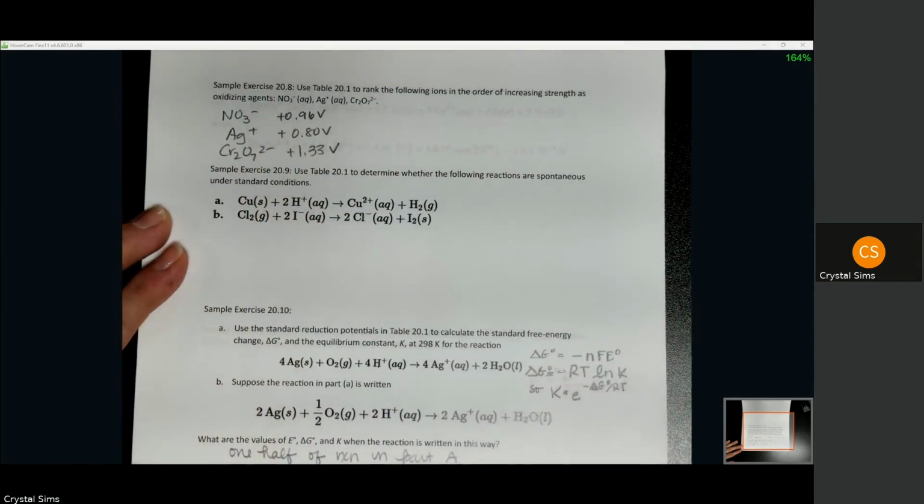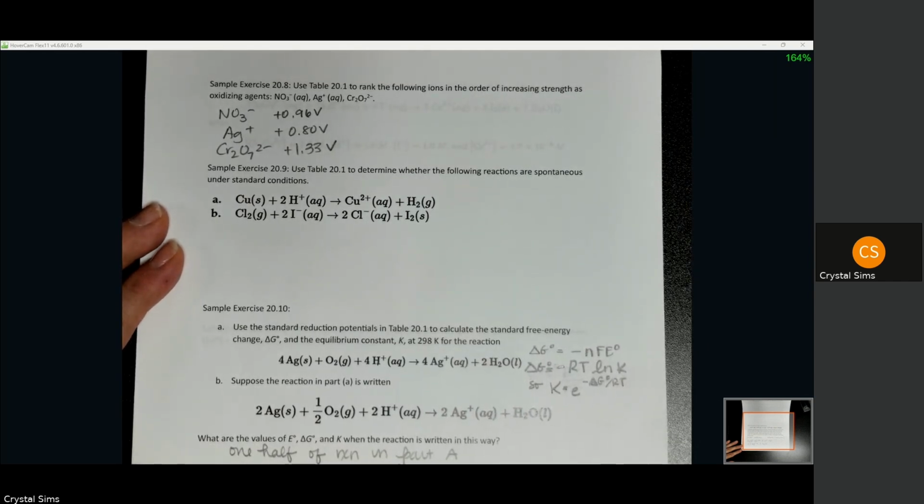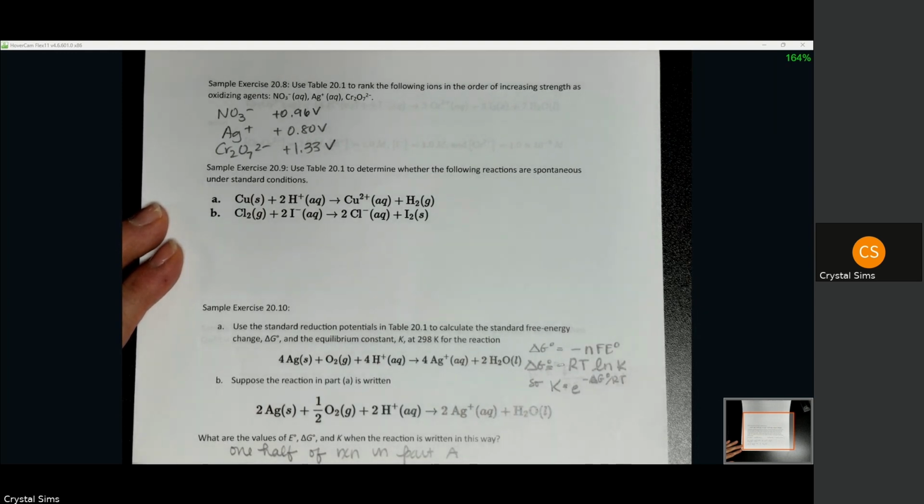So those are our standard reduction potential values. The more readily an ion is reduced, meaning the more positive its reduction potential, the stronger it is as an oxidizing agent. All right, I'm going to say that again.